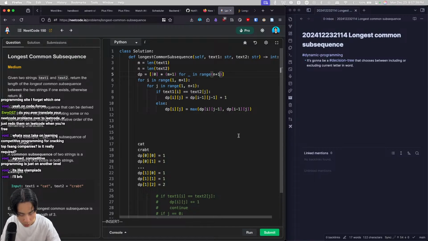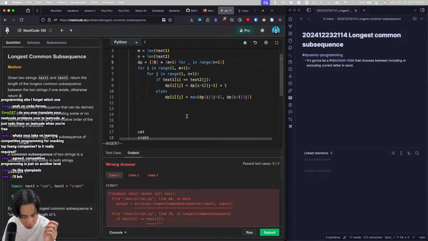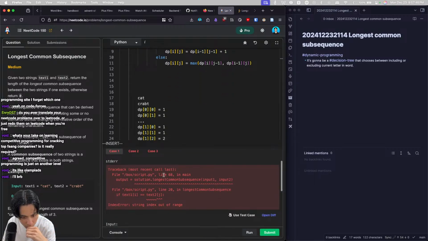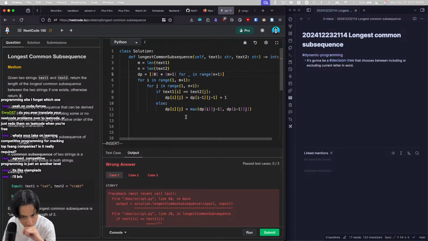Range n plus 1. String index out of range makes sense.